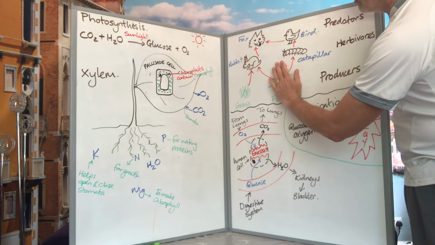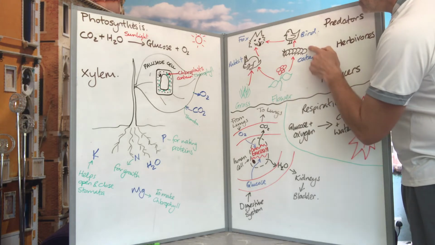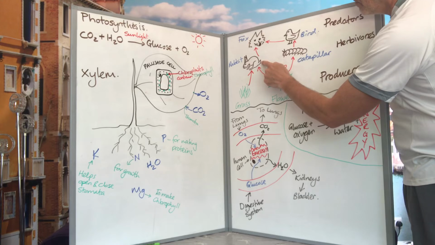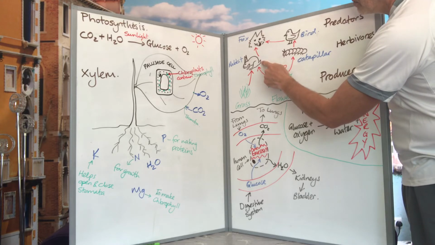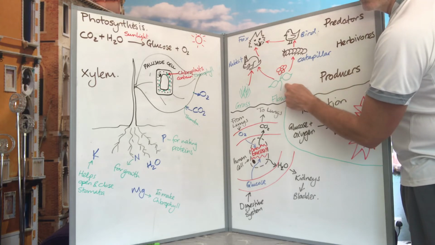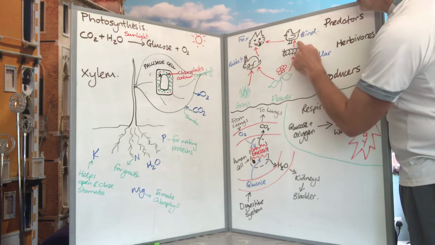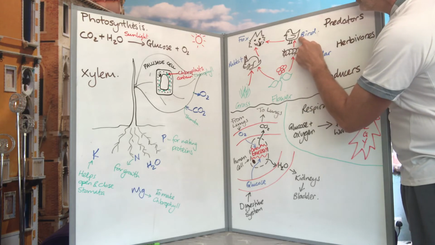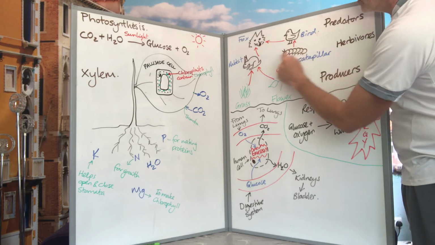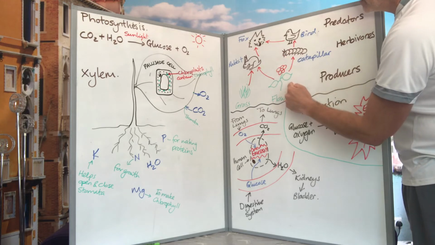What's going to happen to everything else in that food chain? Well, we can say there will be fewer caterpillars and there will be fewer rabbits because they have less food to eat. And therefore there will be fewer birds and fewer foxes because they will have less food as well.